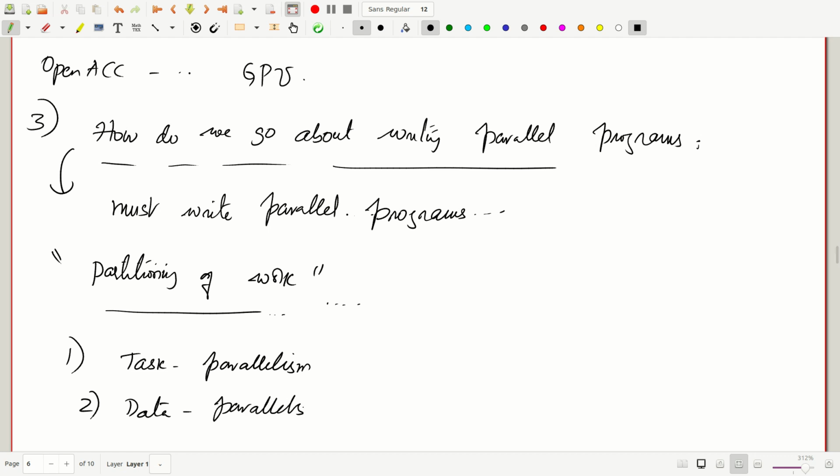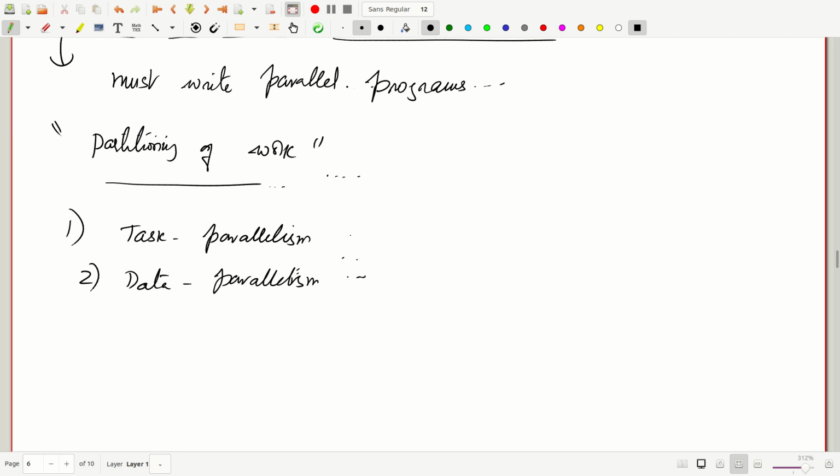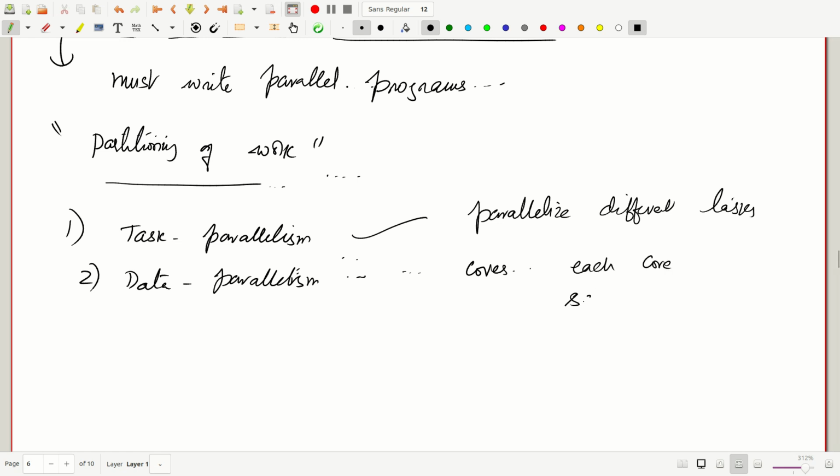As the name suggests, in task parallelism, we are basically going to parallelize the different tasks. In data parallelism, we are going to split the data among all the cores such that each core would perform pretty much the same operations, just like what we saw in the context of a GPU.